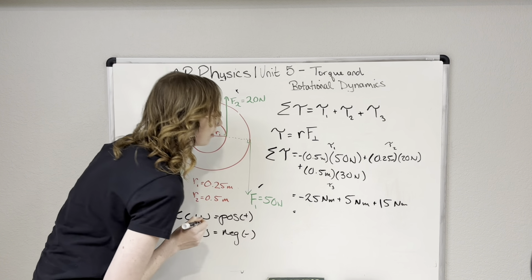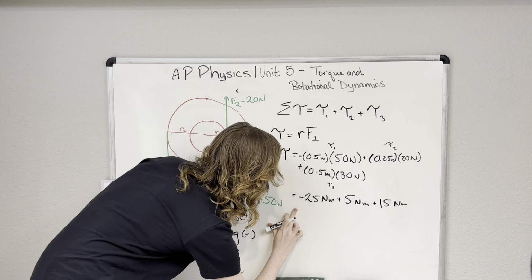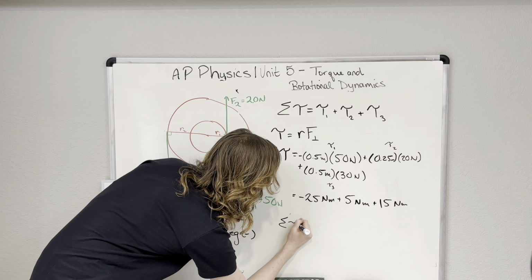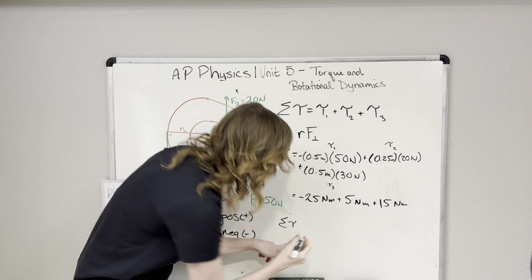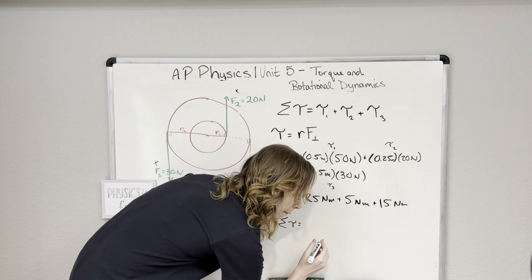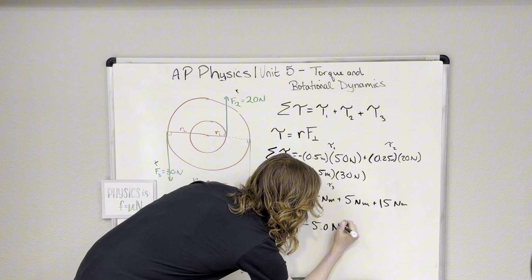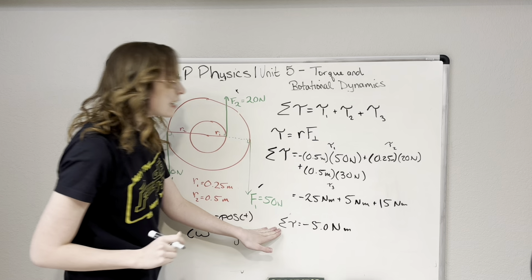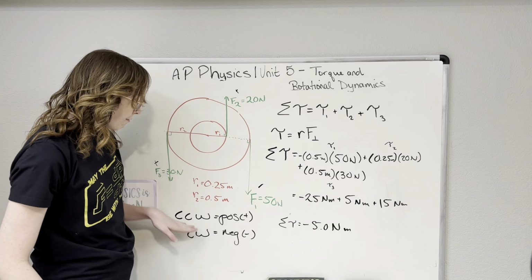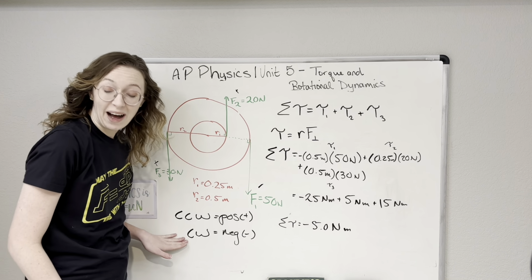And whenever we add all of those things together, we end up finding that our net torque on our little flywheel here is actually equal to negative 5.0 Newton meters, which means we're going to have a net rotation of a clockwise rotation.